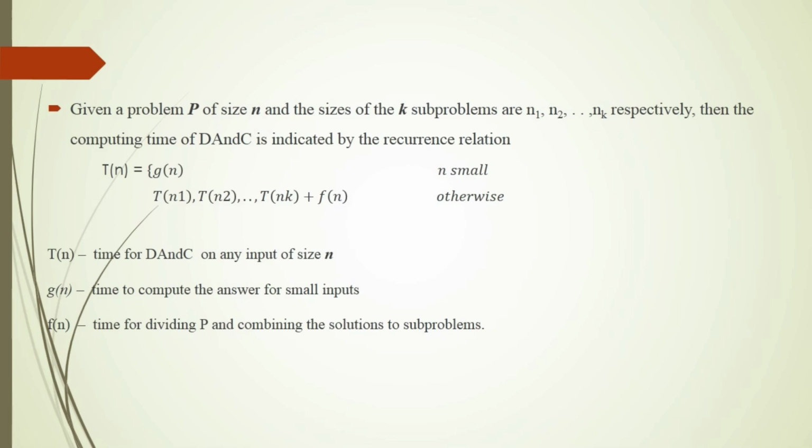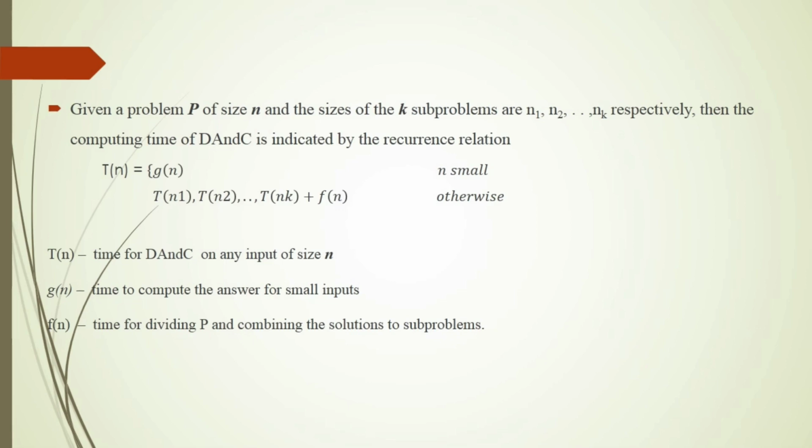If the problem is large, then you need to individually solve the different subproblems. So we have the time taken to solve the subproblem with size n1, T(n1), the time taken to solve the subproblem with size n2, represented as T(n2), until the time taken to solve the subproblem of size nk, T(nk).